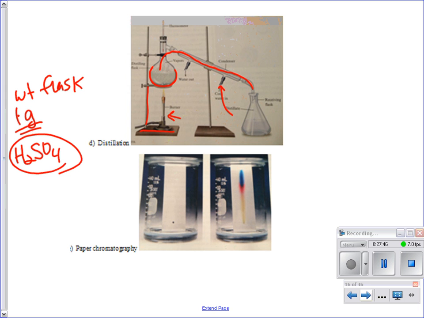Cold water comes in and surrounds this inner glass tube that the steam goes through and recondenses it because it's cold. And then it drips into this flask. So my slurry here only contains the protein and the sulfuric acid. And if there are any binders in there at all, like whatever, that will be in there as well.